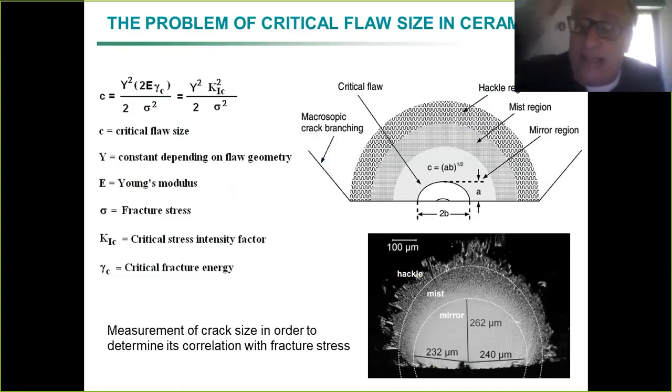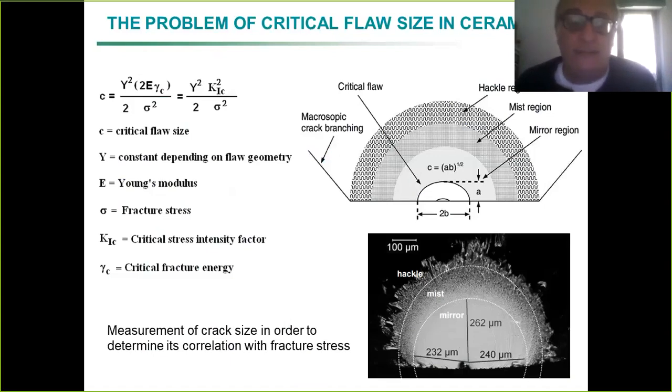Basically, we try to take some measurements and try to model the dimension of the flow, to try to determine its correlation with fracture stress. Because the fracture in ceramics and in glass is sudden, which creates lots of problems.